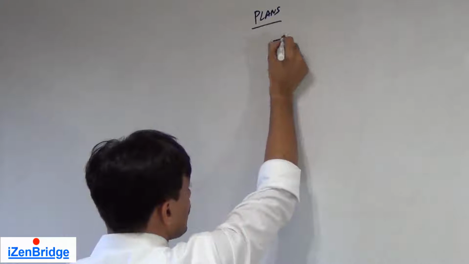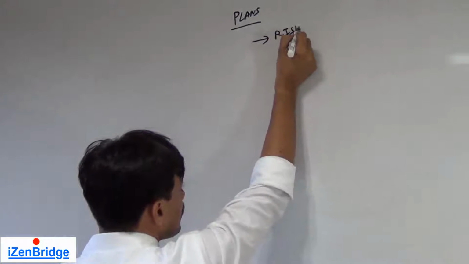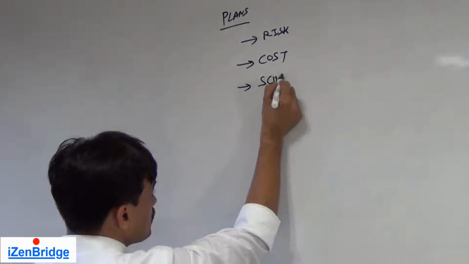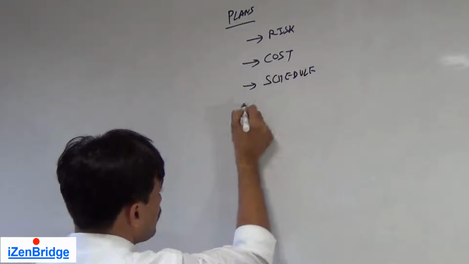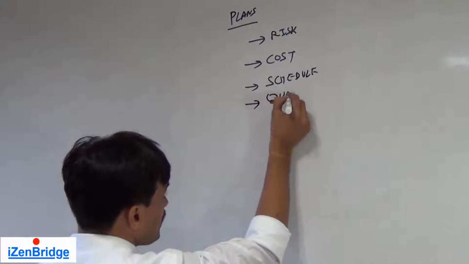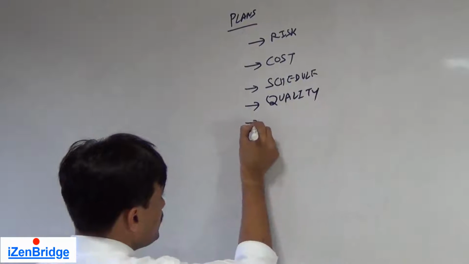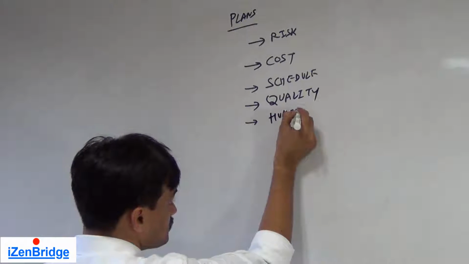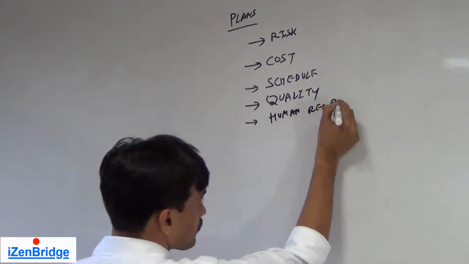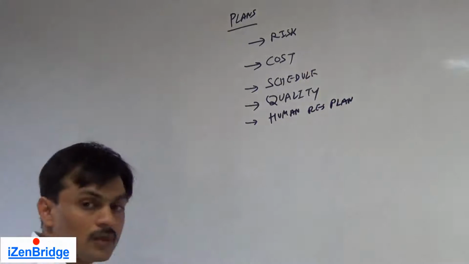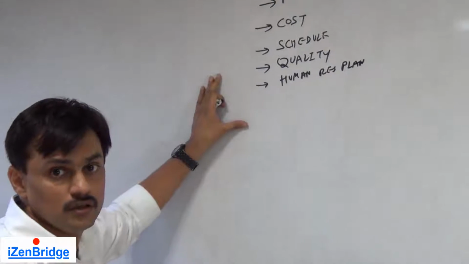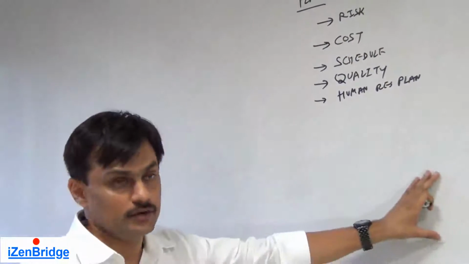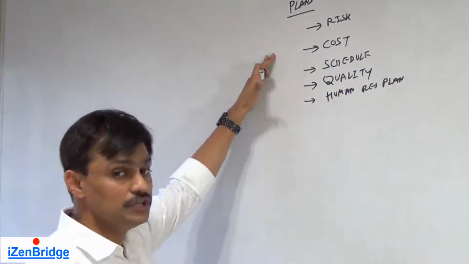So we need a risk management plan, a cost management plan, a schedule management plan, a quality management plan, and a human resource plan. Are the other plans not relevant? They are, and in some way they are getting included. But these are the primary ones which we need to consider.